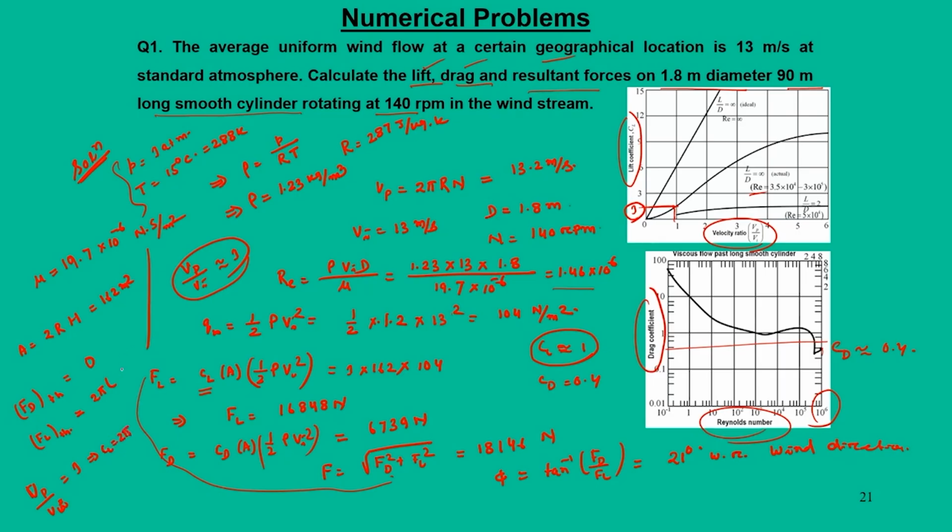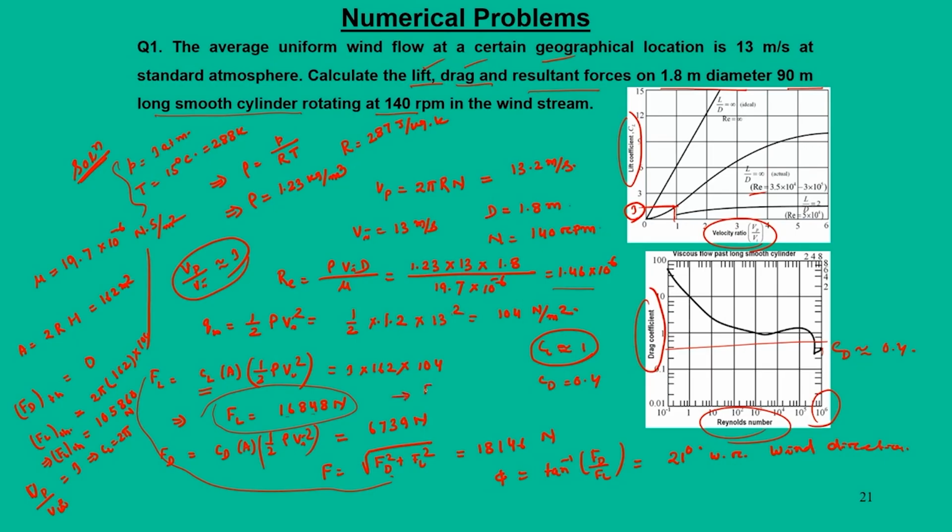So, this twice pi multiplied by 162 into 104. So, the FL theoretical value would be 105,860 Newton.